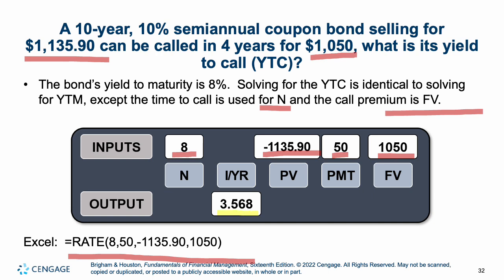Actually, that should be interest per semi-annual period, and then you would double it. So in this case, that would be our yield to call.